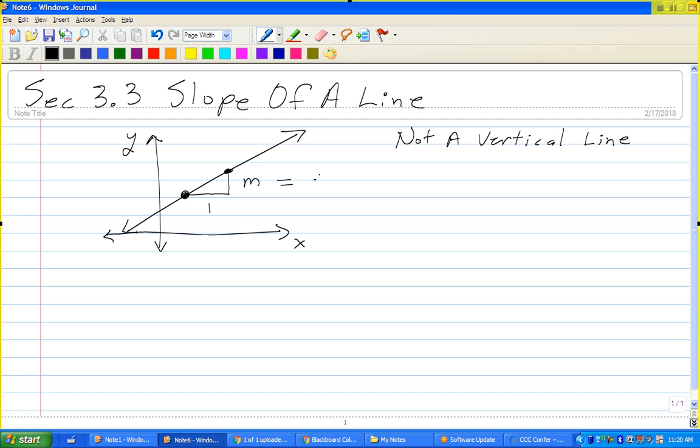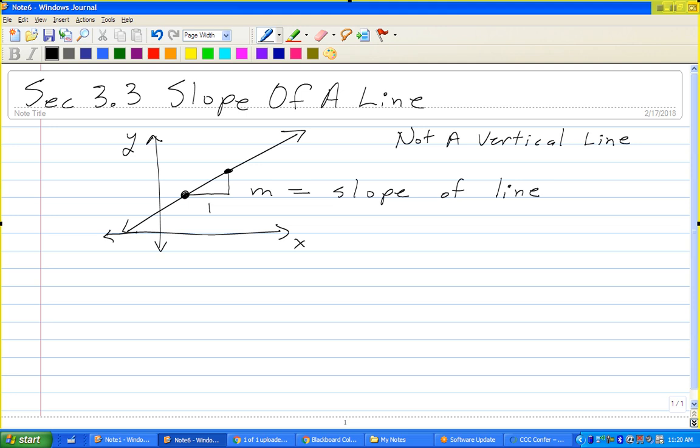We'll call that the slope of the line. And the slope of the line will be the same if you pick any point on the line.